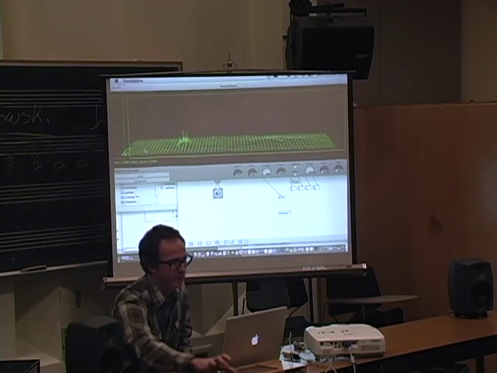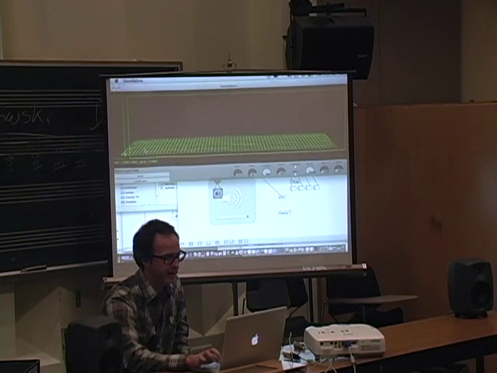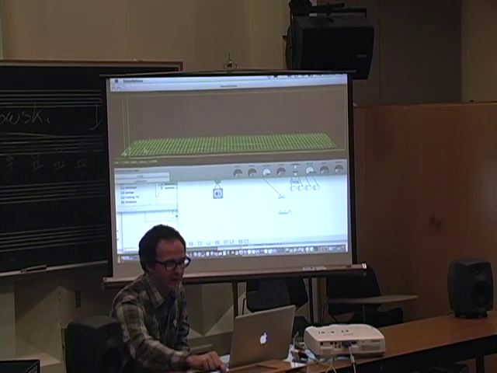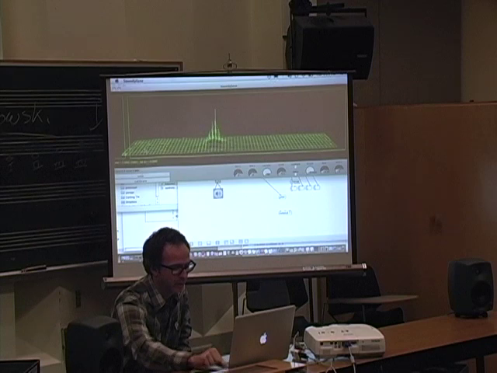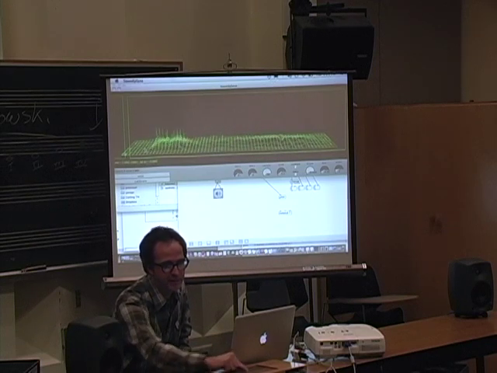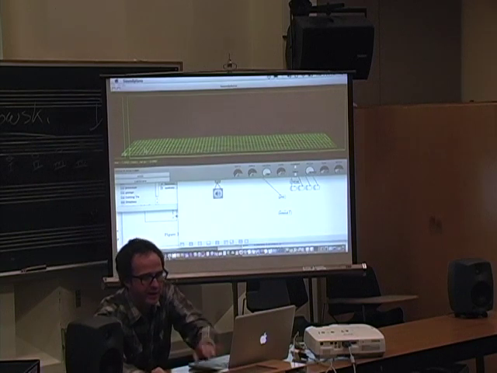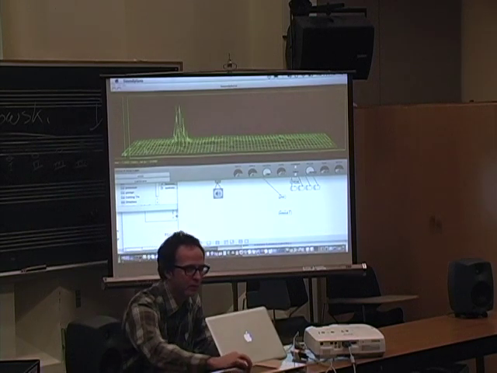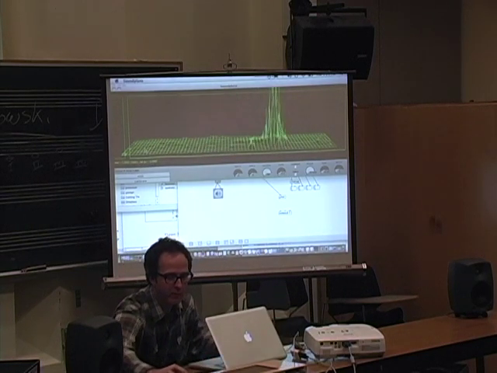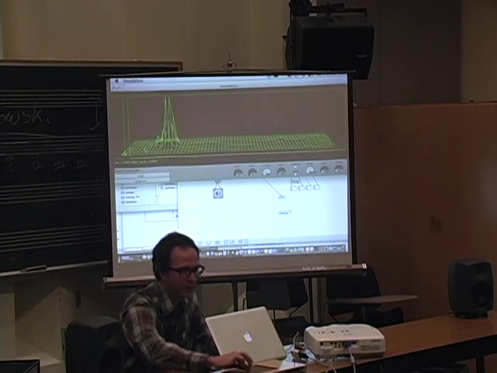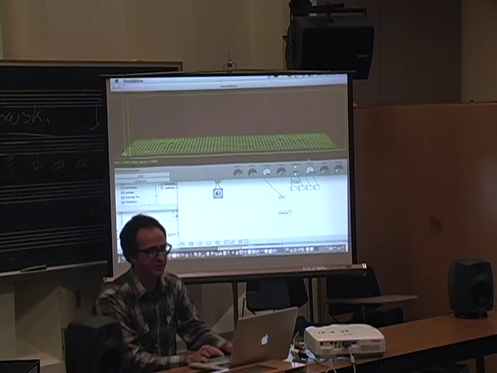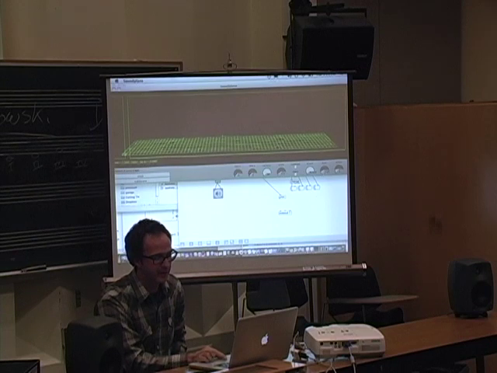So I've got a simple mapping going on here of pressure to loudness. And X to pitch, obviously, and it's a fretless mapping, so it's continuous.